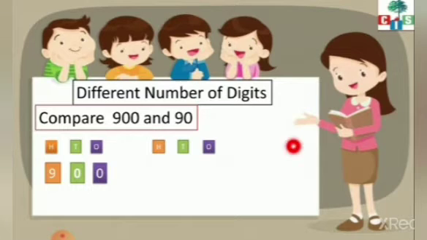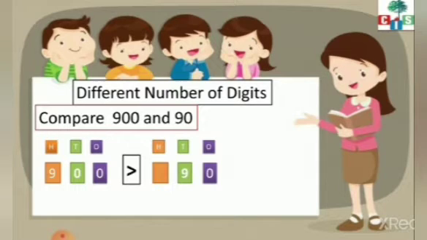If you look carefully, this is a 2-digit number. It's 90. So in hundreds place, there will be nothing. 9 will be in tens place and 0 will be in ones place. You will always remember a 3-digit number is always bigger than a 2-digit number because there are no hundreds in a 2-digit number. So which number is bigger? 900. Fine. Now let's move to the next slide.